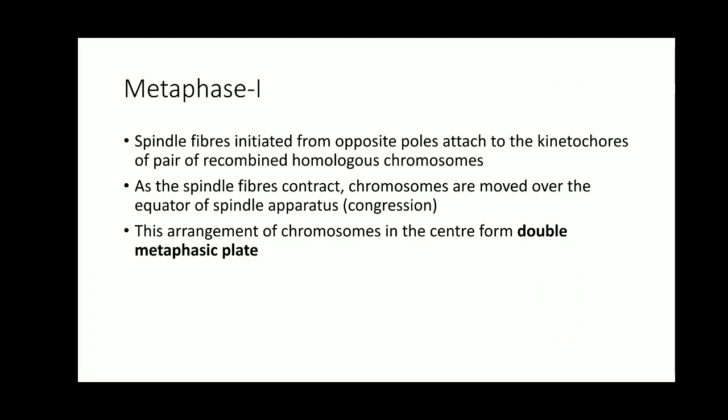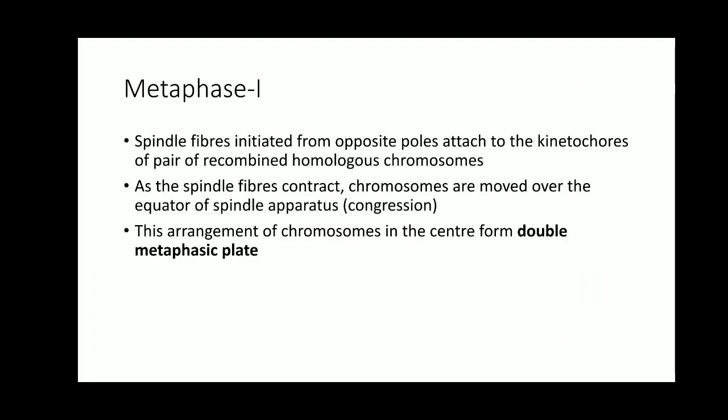The process of bringing these chromosomes to the equatorial region is known as congregation, and the arrangement of these chromosomes at the equatorial region will form the double metaphasic plate. In case of mitosis, in metaphase it forms an equatorial plate, or metaphase plate. Now what is this equatorial plate or metaphase plate?